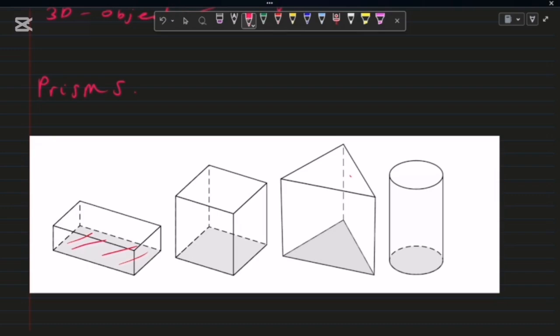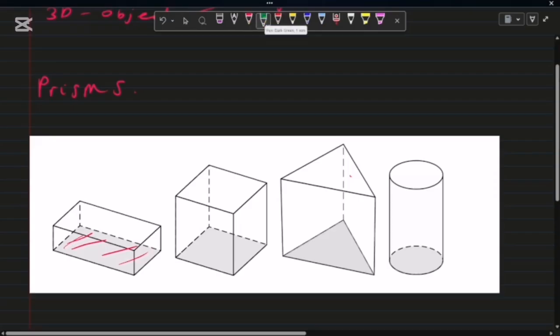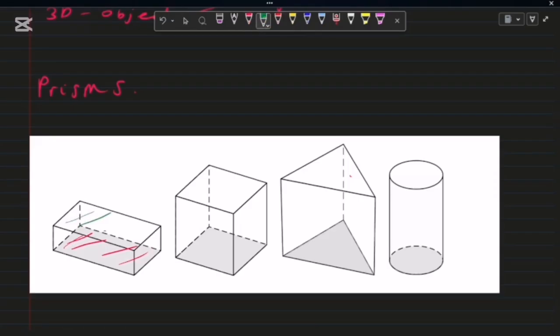If we look at this object carefully, we can see that the roof is exactly the same as the base. The rectangle, which is the base, is exactly the same rectangle that is on the top, or that is the roof.